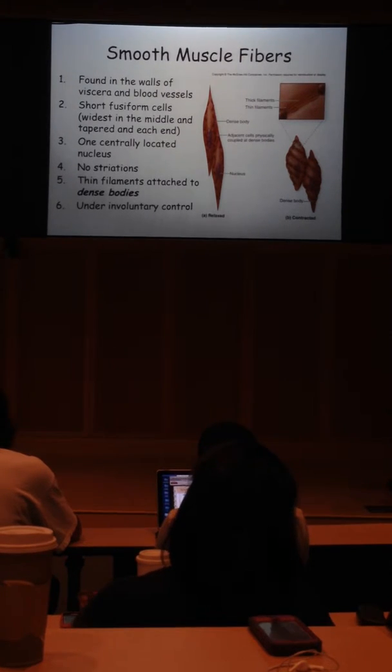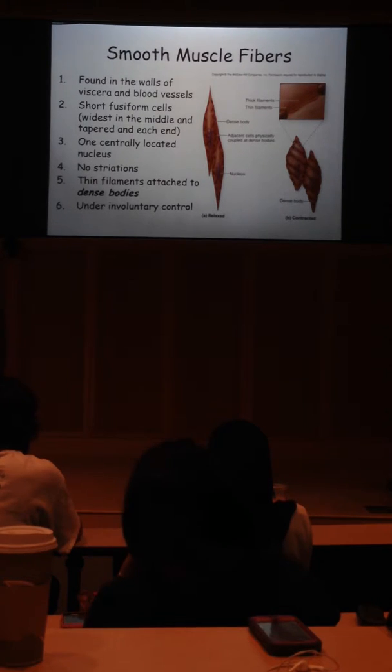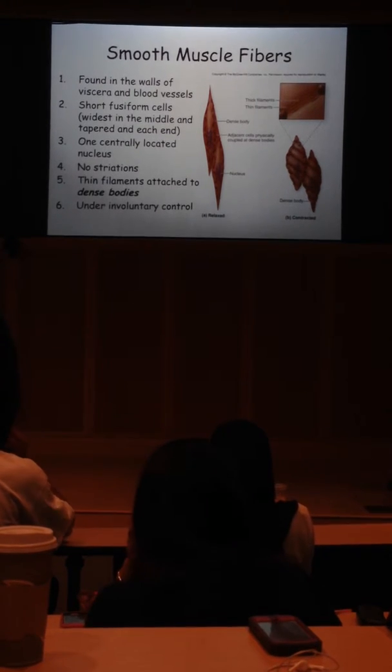It's a fairly diverse and modular muscle, allowing some of the properties to change to fit the function that they have. And the main thing, of course, is that it's under involuntary control. Unlike skeletal muscles, we really can't control smooth muscle contractions ourselves.